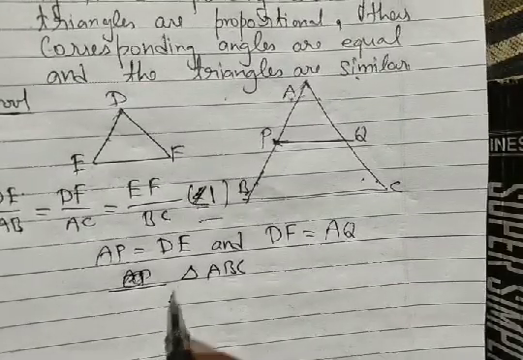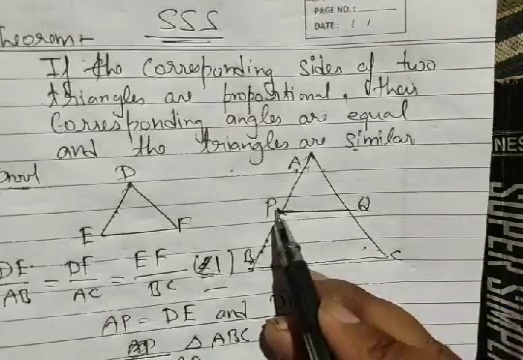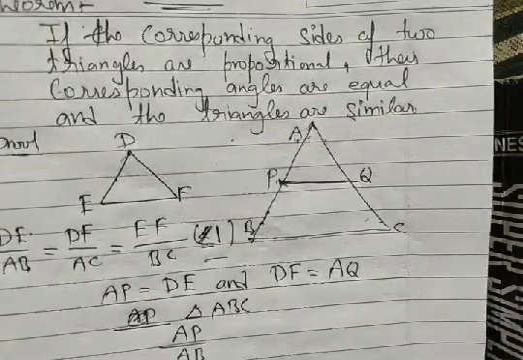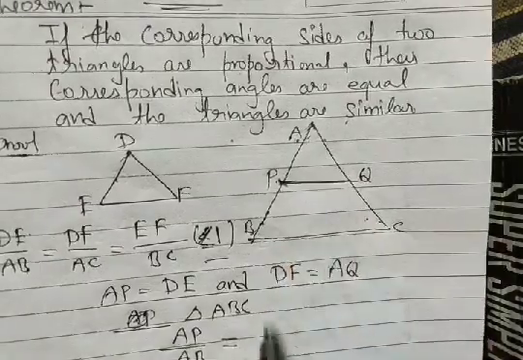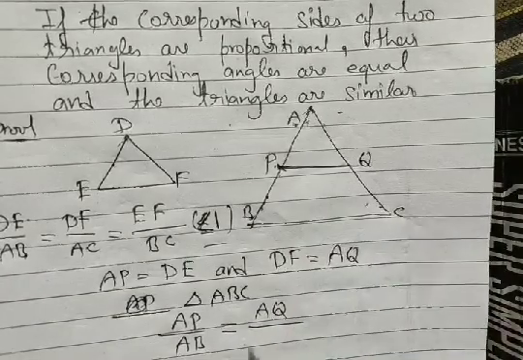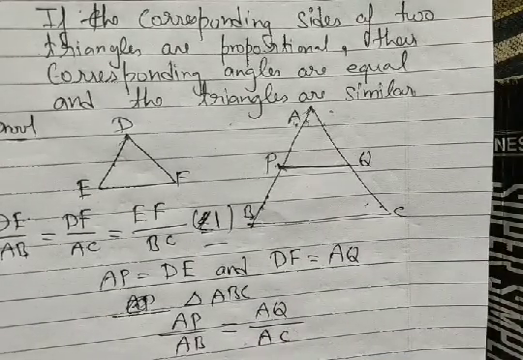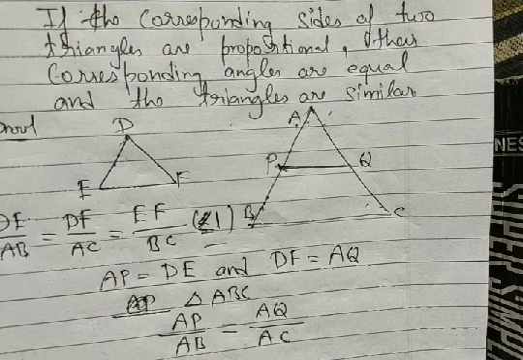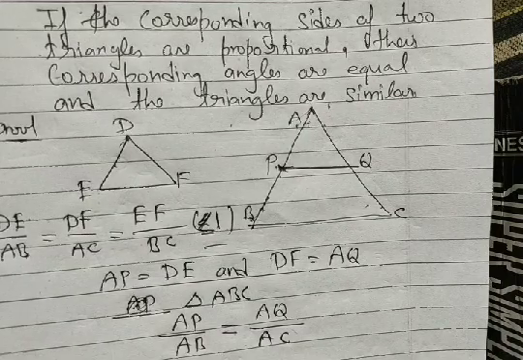In triangle ABC, we have AP is to AB equal to AQ is to AC. Since we are marking that in the triangles, we have taken that. We have already been given that AP by AB equals AQ by AC.